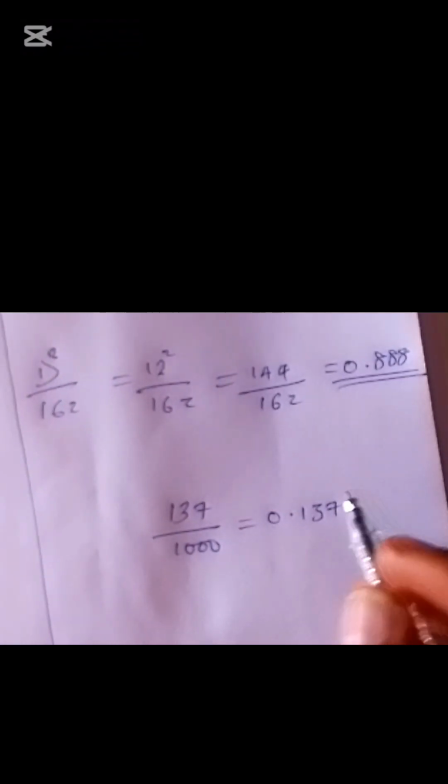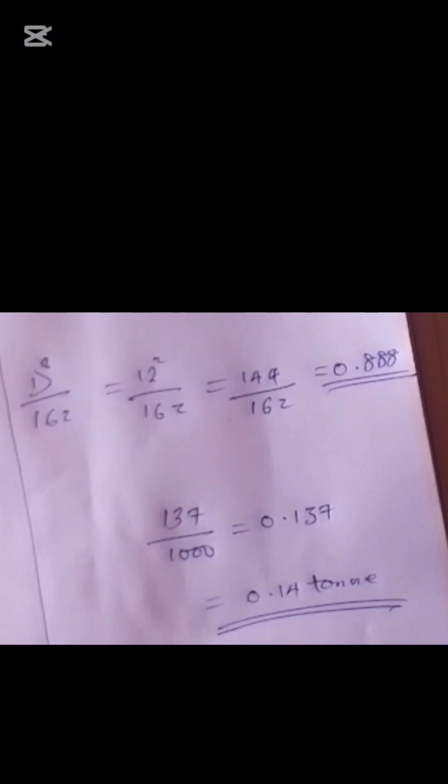And then when you do that, that's going to give us 0.137. That is automatically 0.14 tons as your final answer. Now, converting this reinforcement to tons, you're going to have 0.14 ton.